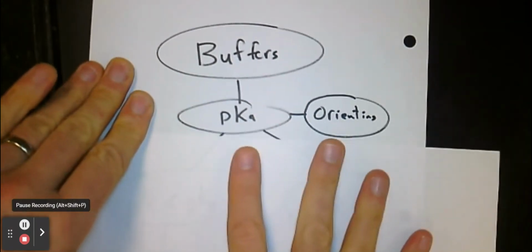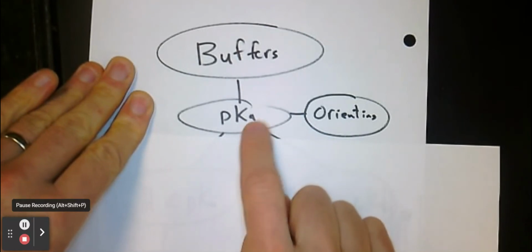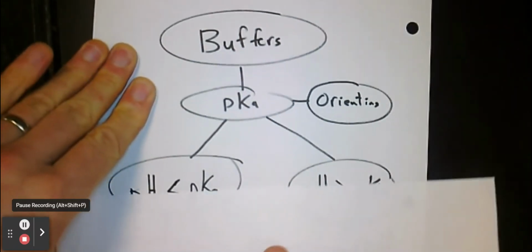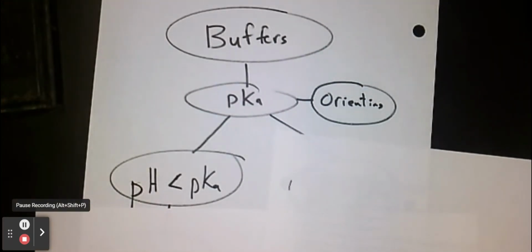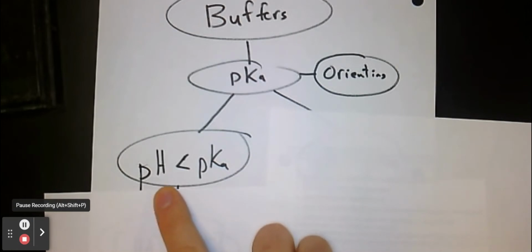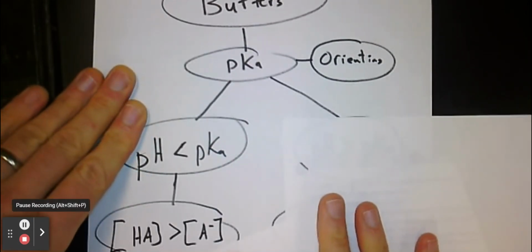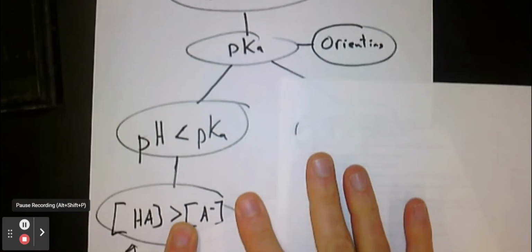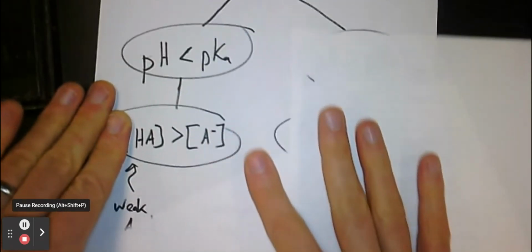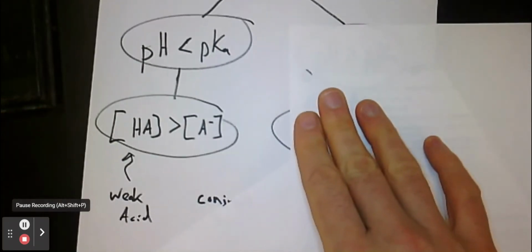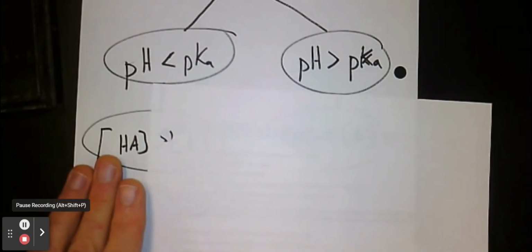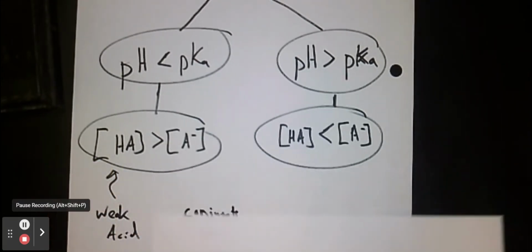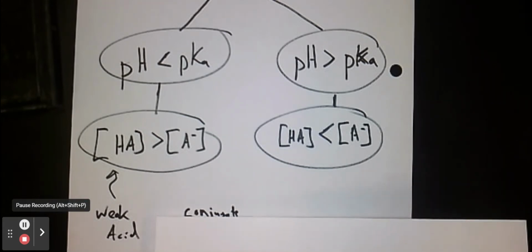With a buffer, you can orient yourself by your pKa value, because if your pH is less than your pKa, what that means is you've got more weak acid than your conjugate base. On the flip side, if my pH is greater than my pKa, it means I have more conjugate base than my weak acid.